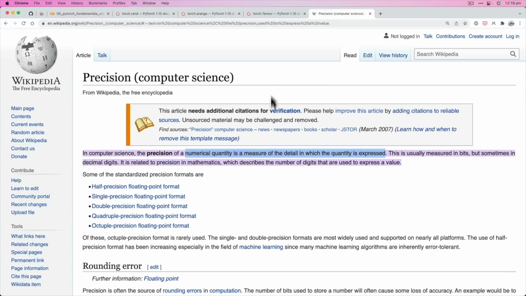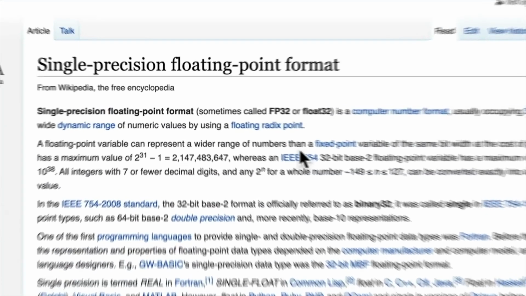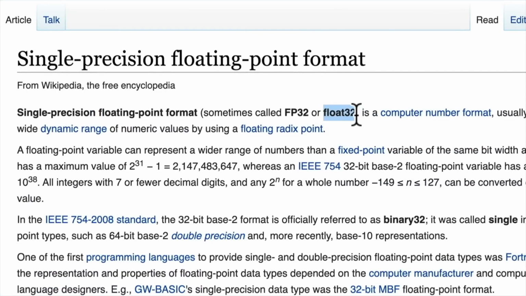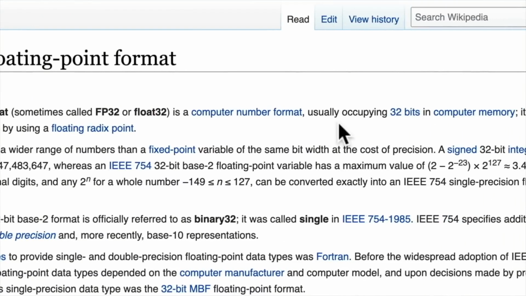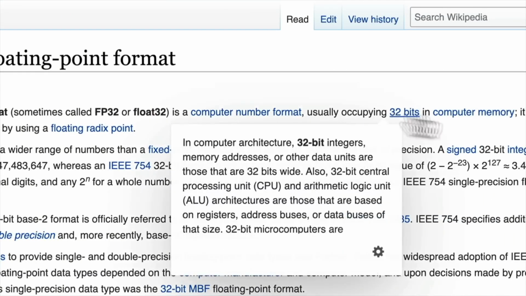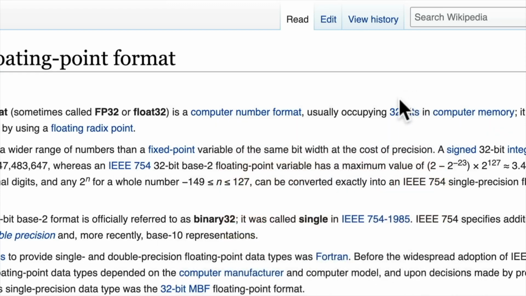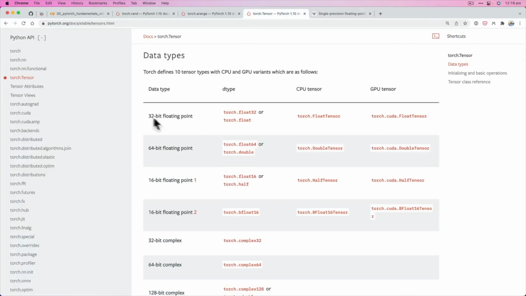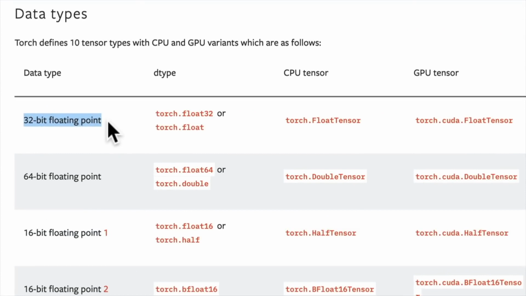I'm not going to dive into the background of computer science and how computers represent numbers. The important takeaway for you from this will be that single precision floating point is usually called float32, which means a number contains 32 bits in computer memory. So if we have a tensor that is using 32-bit floating point, the computer memory stores the number as 32 bits. Or if it has 16-bit floating point, it stores it as 16 bits.